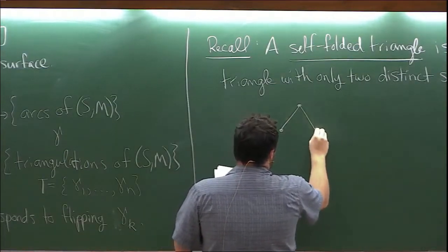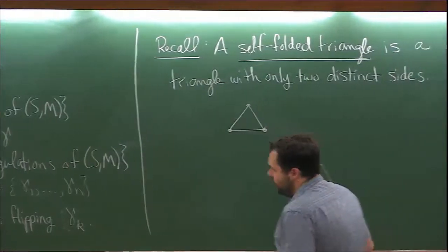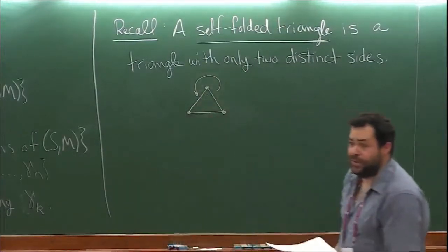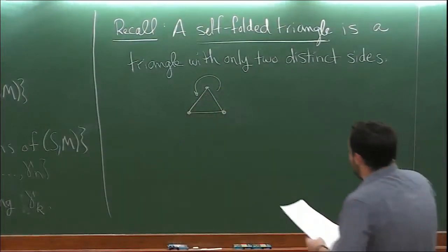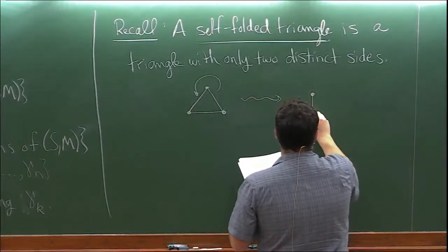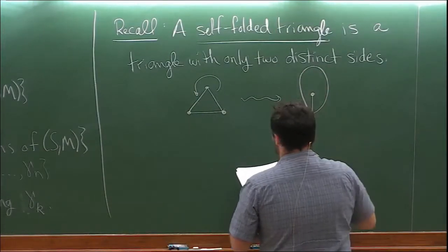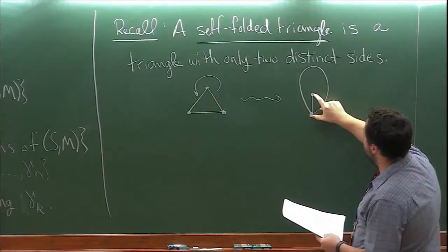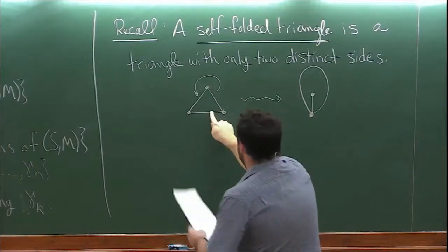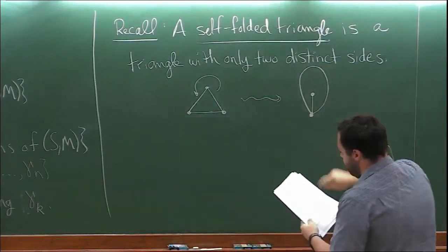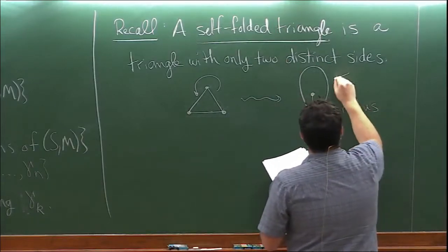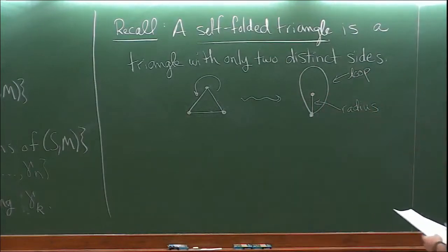So say I have a triangle like this, and I'm going to stretch this triangle and stick this side to this one. Okay? So what I get is a picture that looks like this. Okay? So this side is these. And this one is the one that I stretched around. That's this one. So I'm going to call this guy a radius of a self-folded triangle, and this one I'm going to call the loop of the self-folded triangle.